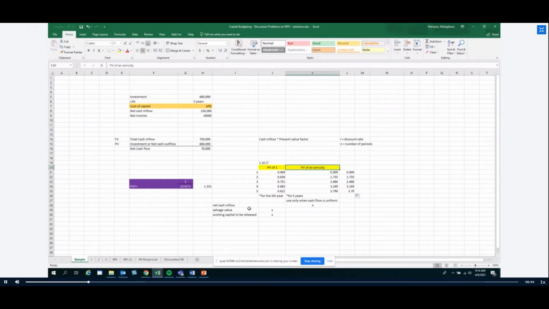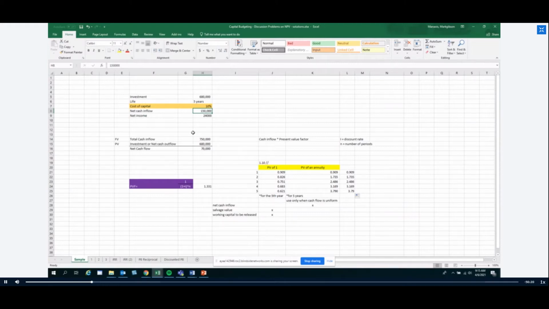So sabi natin dito, we only use present value of an annuity when the cash flow is uniform. Okay? So net cash inflow in this case is uniform, no? Meaning it's constant at 150,000 per year, no? So that's the example, no?